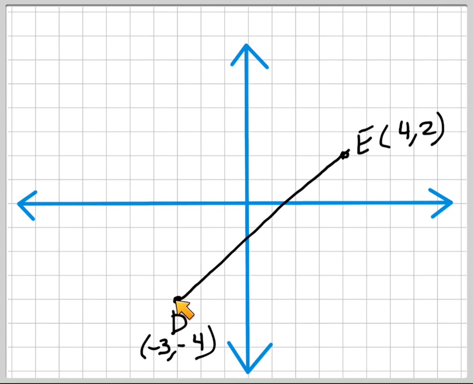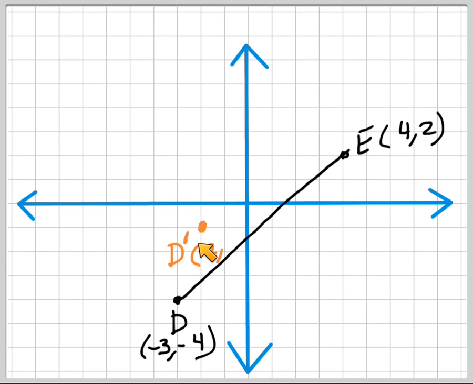Since I have the graph here, I can go 1 unit to the right and 3 units up. And this point is going to be called what then? What do we say after we've translated the image? D prime, right? You have to put the apostrophe on it. That shows me this is the image, this is the pre-image. That's D prime. Since I went 1 unit to the right, that's at -2.